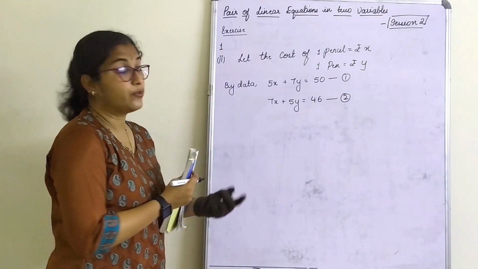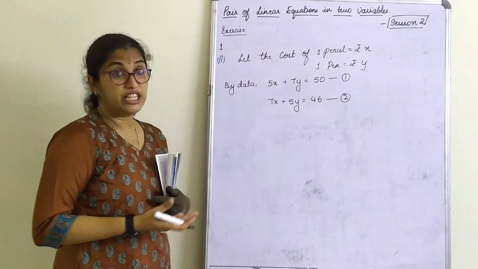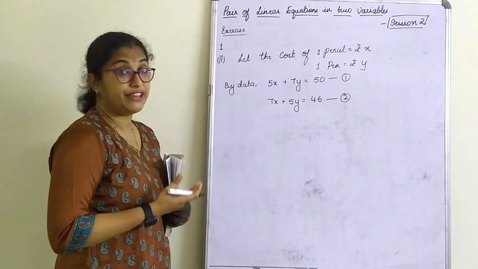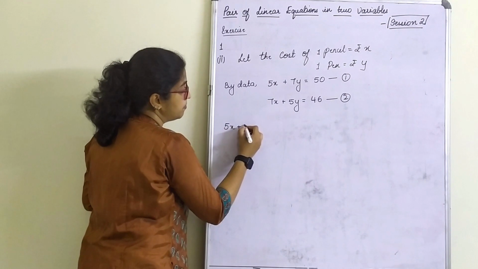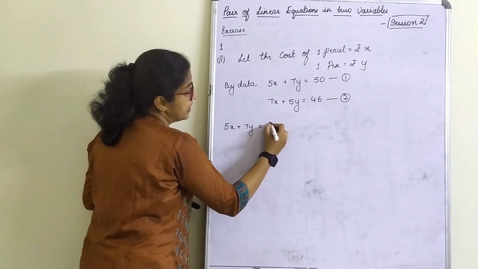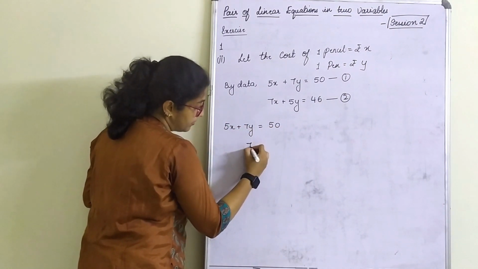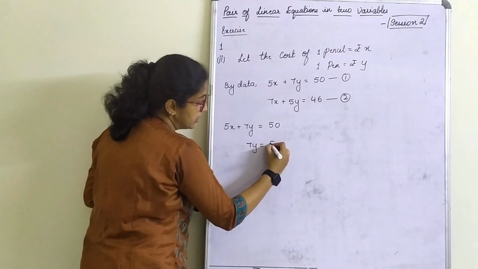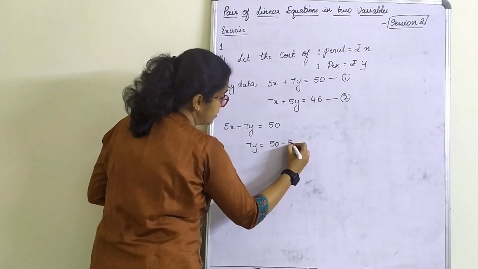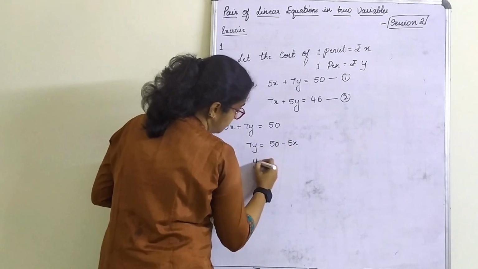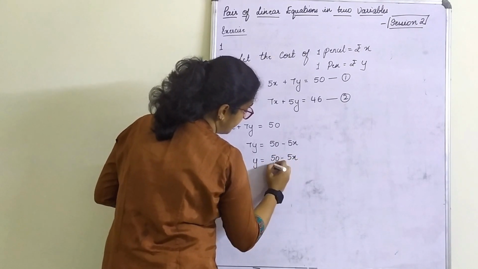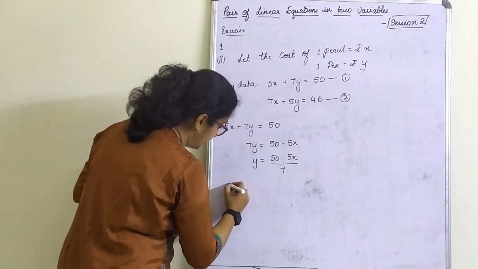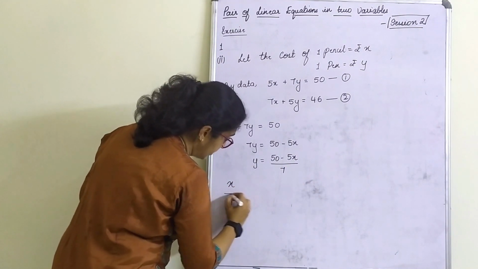This is what the equation is. So algebraically we have framed it. For graphically, let us frame that. 5x plus 7y is equal to 50. 7y is equal to 50 minus 5x. Y is equal to 50 minus 5x divided by 7.